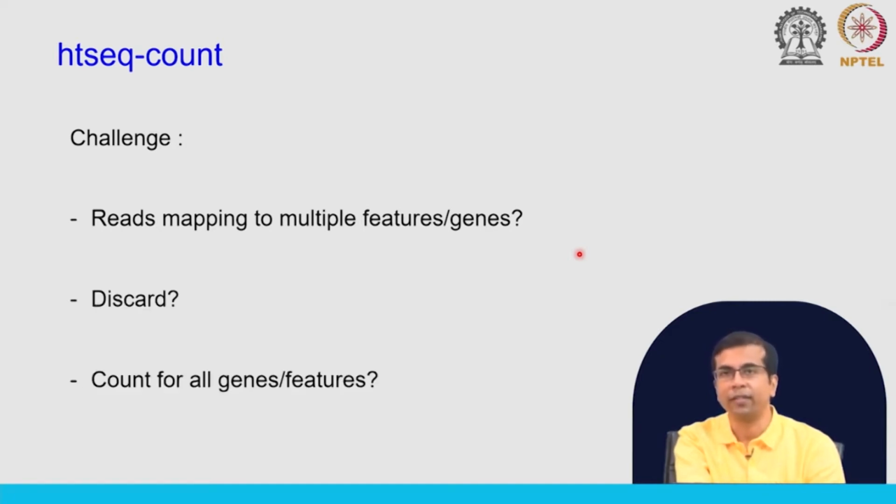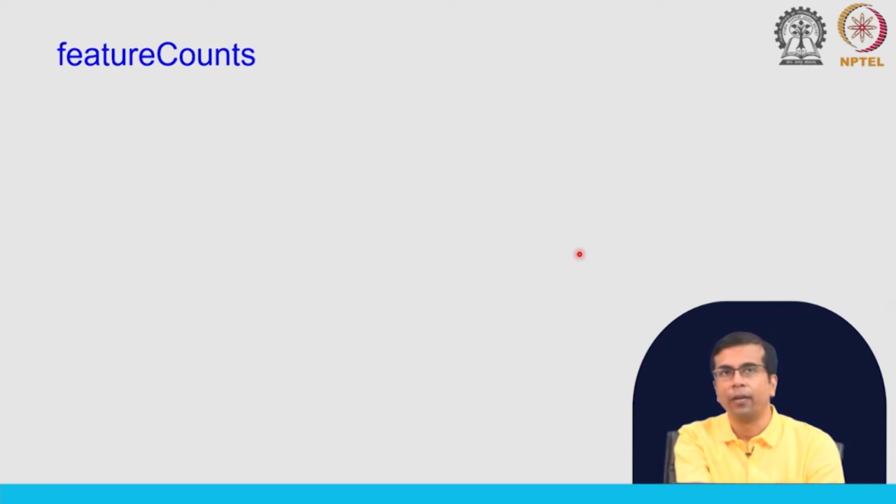And this is a very difficult question to answer, right, and we cannot answer this by a simple counting process. Of course, there are more sophisticated models that can deal with these kinds of reads that map to multiple features or multiple genes. There is another tool which is called featureCounts, which is very similar to HTSeq-count.